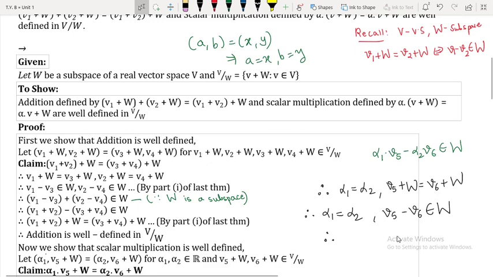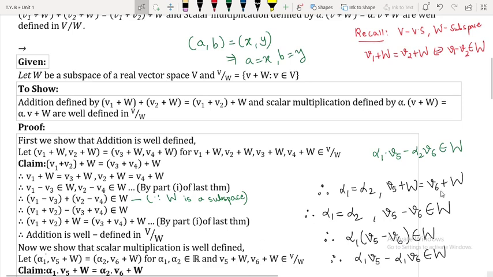So I can say that alpha 1 multiplied by V5 minus V6 should belong to W. The reason is that W is a subspace and we are using the second property of a subspace, scalar multiplication. So by simple calculations, this is alpha 1 V5 minus alpha 1 V6 belongs to W.